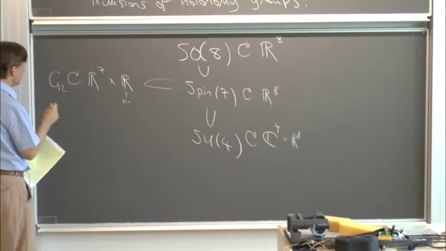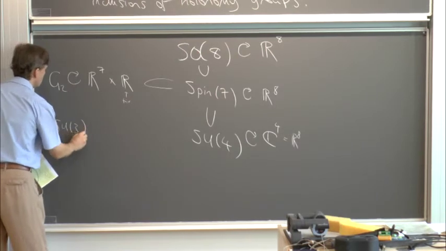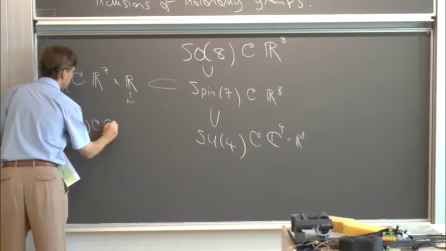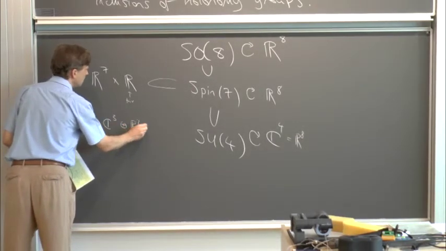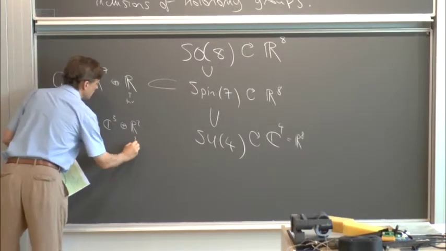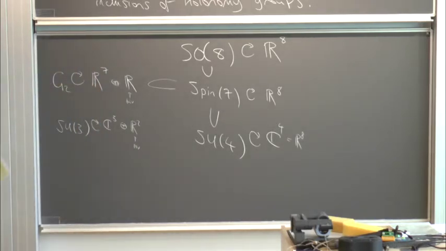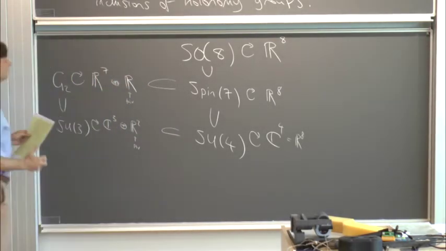And in here we can put SU(3), which acts on C^3 ⊕ R^2, where the action on the R^2 is trivial. And this SU(3) is included as a subgroup in both G2 and in SU(4).